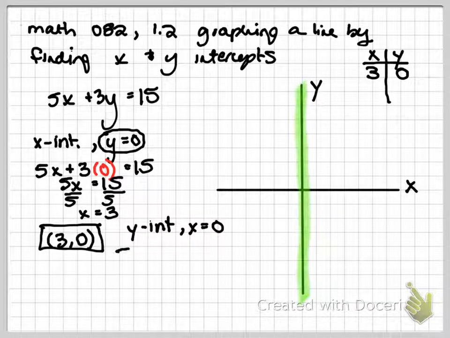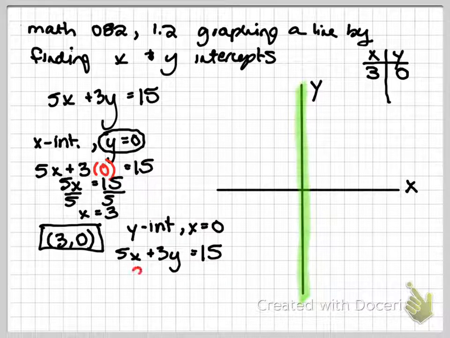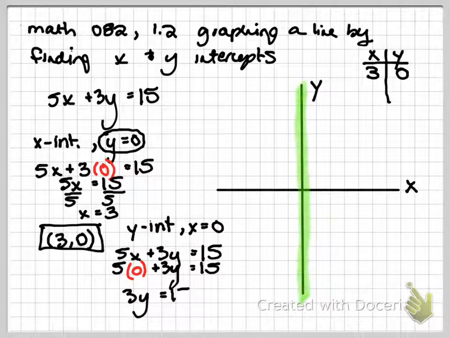So we have the equation 5x plus 3y equals 15. This time, we are putting 0 in for x instead of y. So we have 3y equals 15.